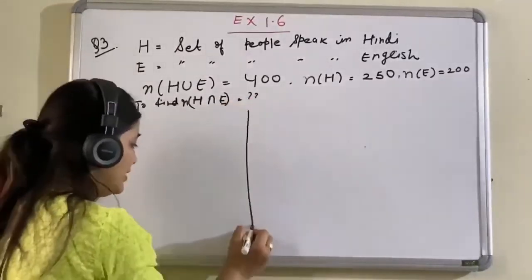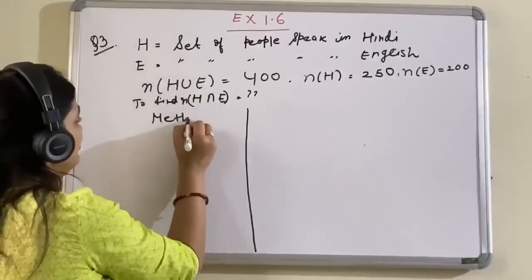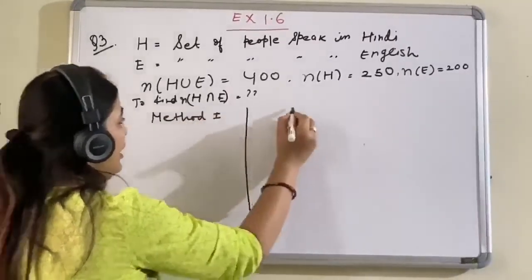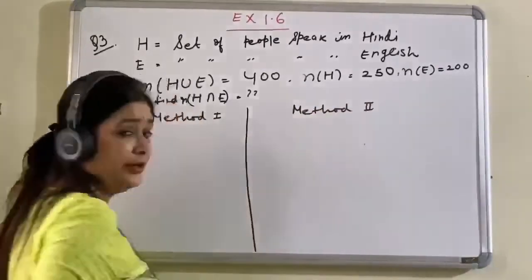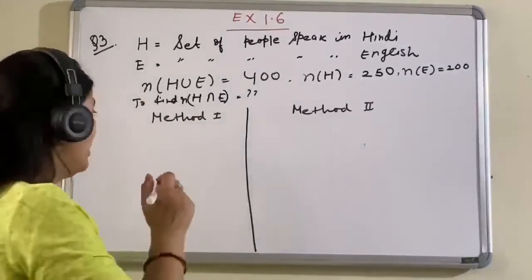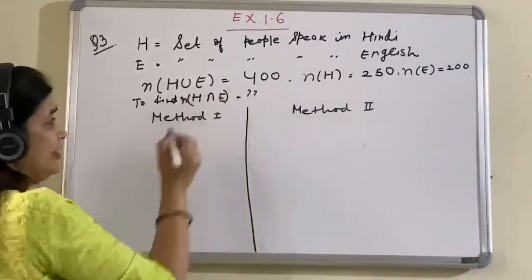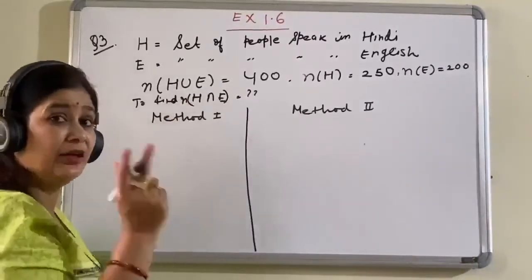There are two methods, children. Method 1 and method 2. There are two methods you can solve this question. First: n of H is given, n of E is given, n of H union E is given. Simply use the formula.